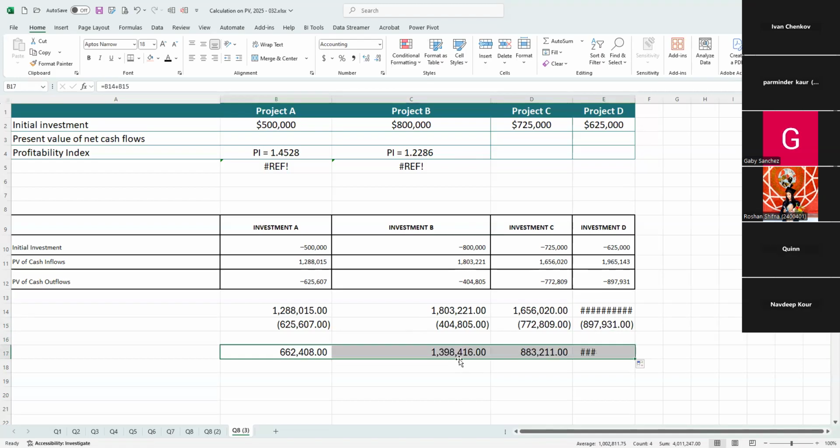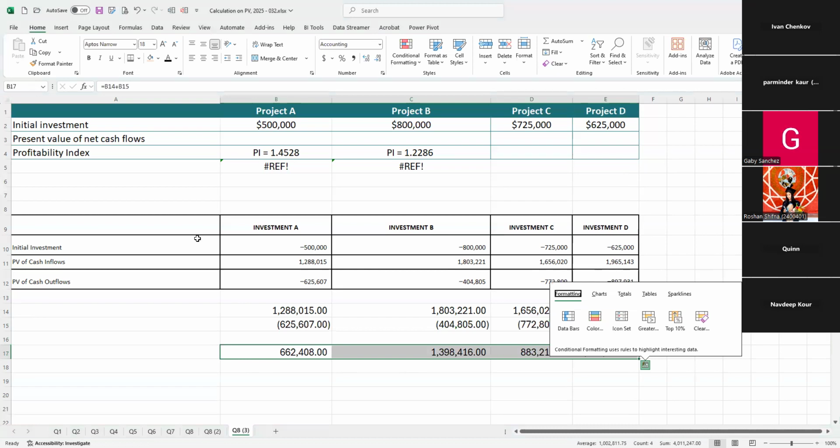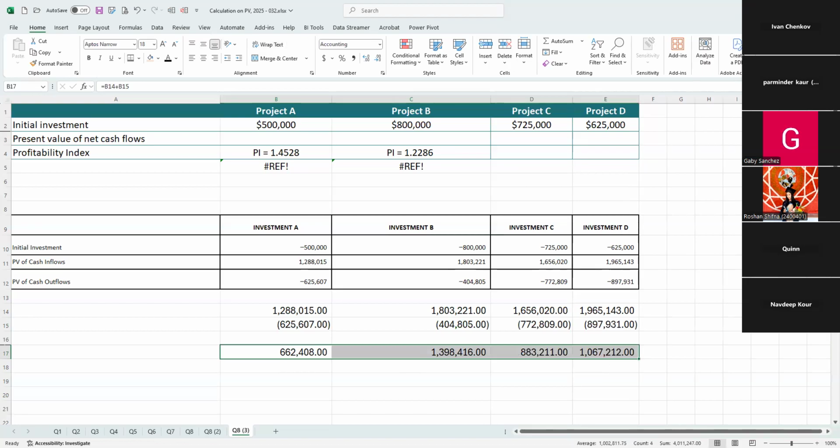That's my present value of the cash outflows. Sorry, that will be not net present value, net present value of the net cash flows. Are you guys with me? Do you understand what I'm doing?